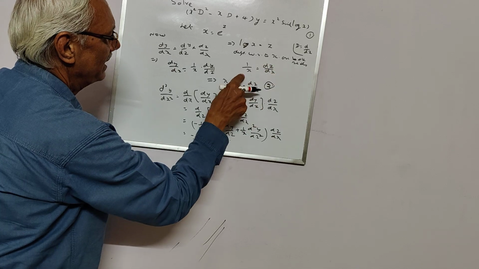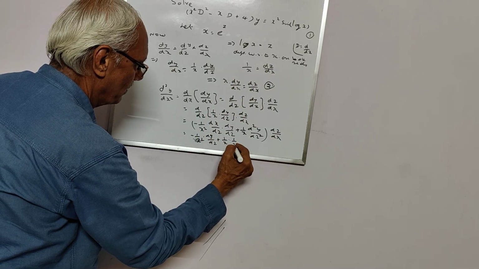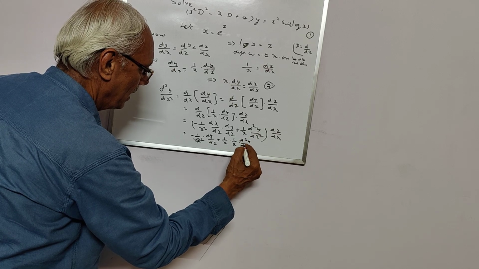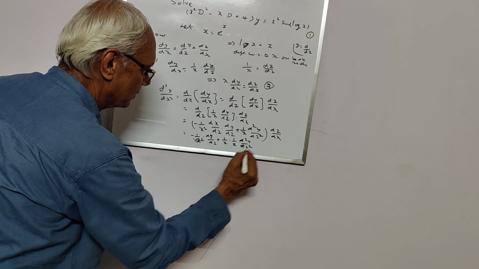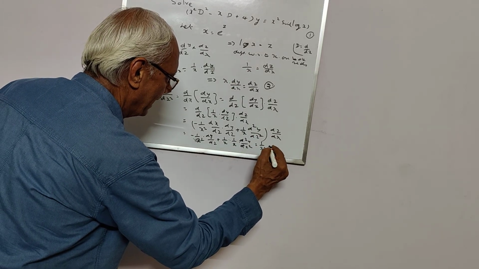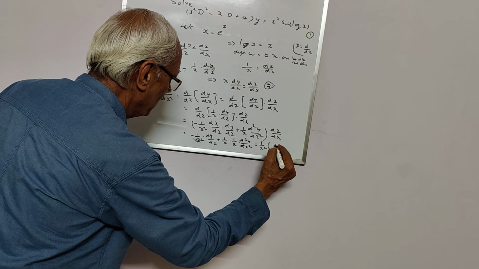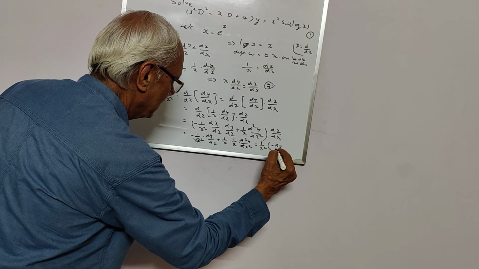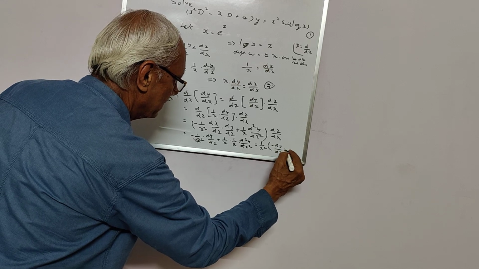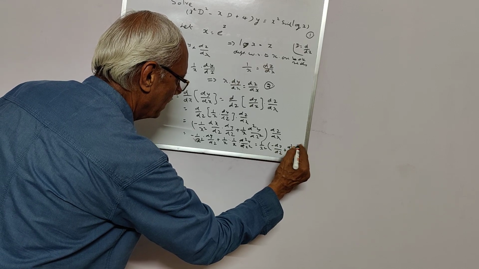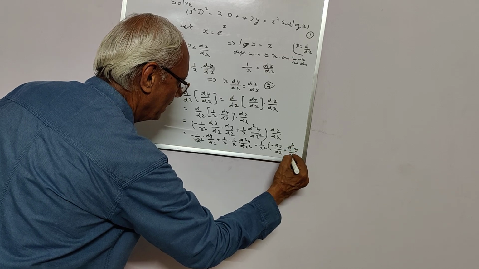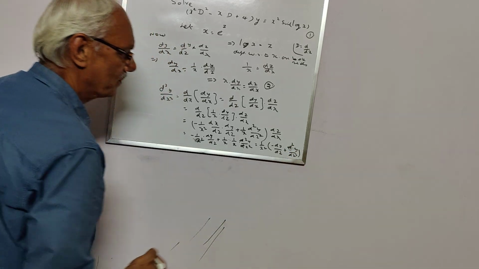Here, dz by dx is 1 by x. So into 1 by x into d squared y by dz squared. So this will be equal to 1 by x squared into minus dy by dz plus d squared y by dz squared.